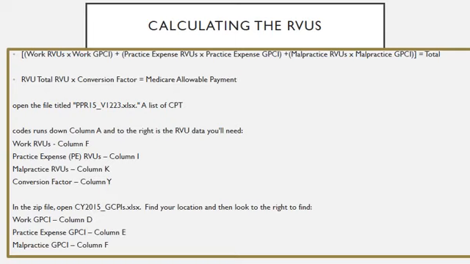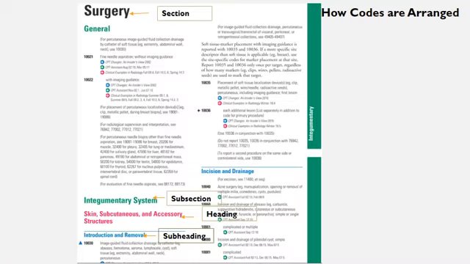You go to column K for your malpractice RVUs. You go to column Y for your conversion factor. And then there's another zip file that you have to go to get your work GPCI. That's in column D. Your practice expense GPCI is in column E, and your malpractice GPCI is in column F. So there you got it. For all of you people that need to know, you know now.